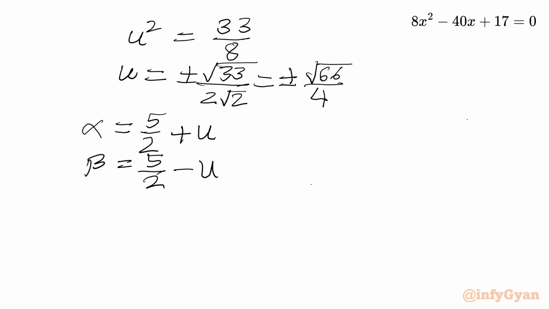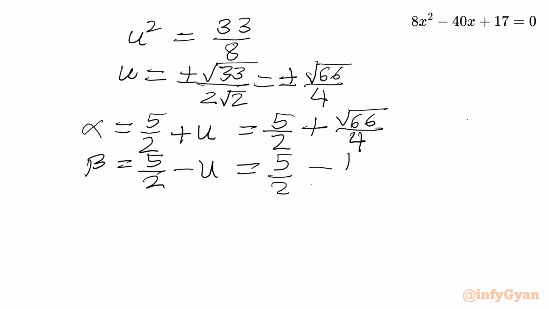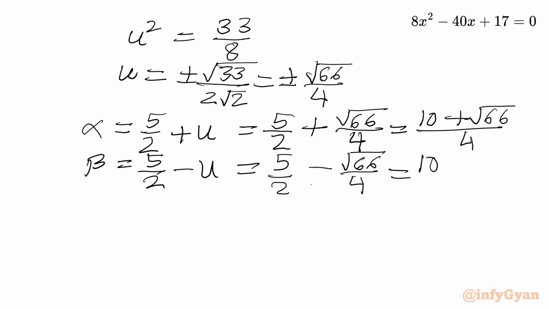Let's pick u equal to plus square root 66 over 4. So we get 5 over 2 plus square root 66 over 4, and here we get 5 over 2 minus square root 66 over 4, which can be written as 10 plus root 66 over 4, and here 10 minus square root 66 over 4.